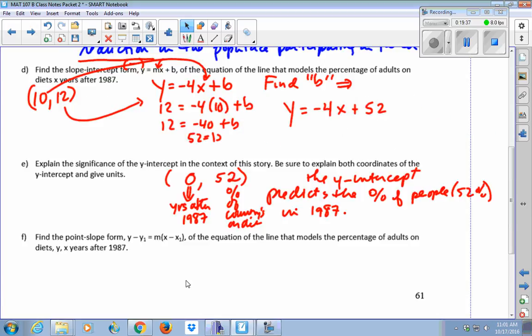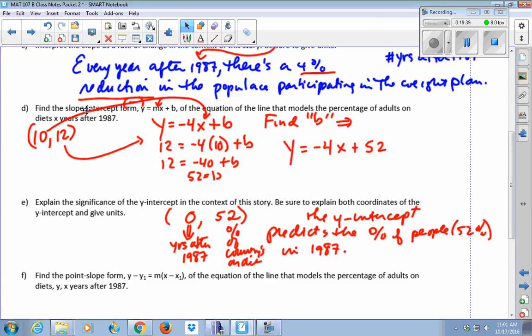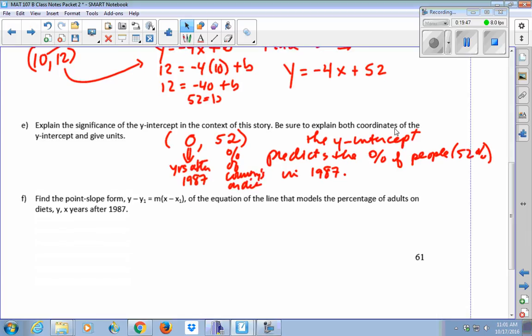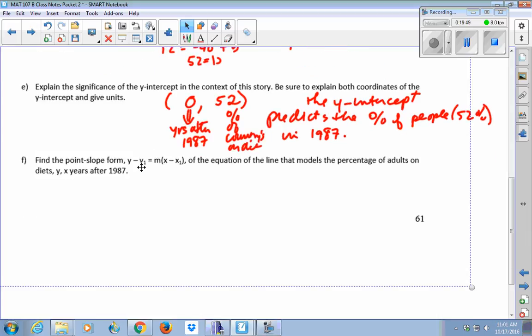So if you look at the language, this is called slope intercept because you're given the slope and the intercept. Slope negative 4 divided by 1, intercept 52. Here, you're given a specific point, the values of a specific point, and the slope. So to find the point slope form of this line, I already know that m is -4.